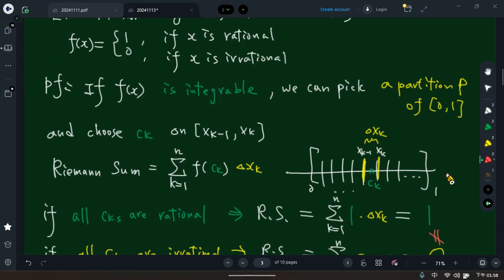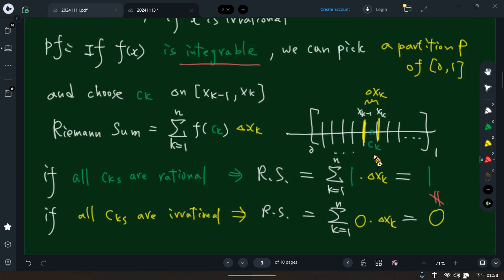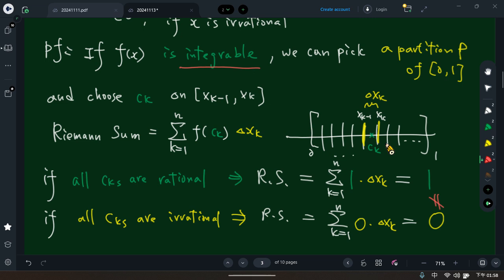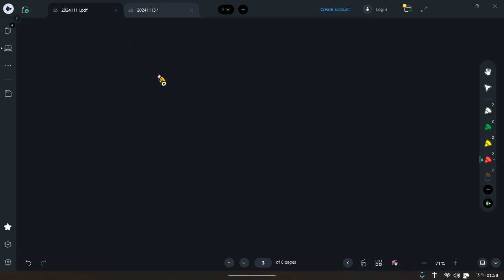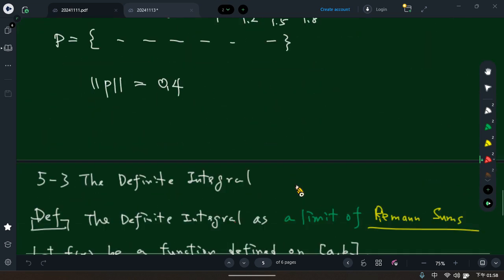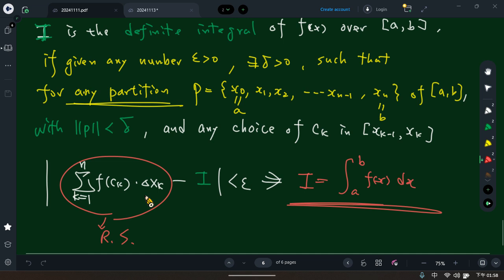Why conflict? As we mentioned, if f is integrable, that means no matter how you partition this one, no matter how you pick this point, the result should be the same one. I just remind you that if it's integrable, all of them will be approaching the same I, right?